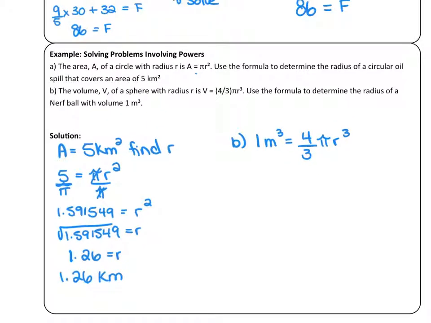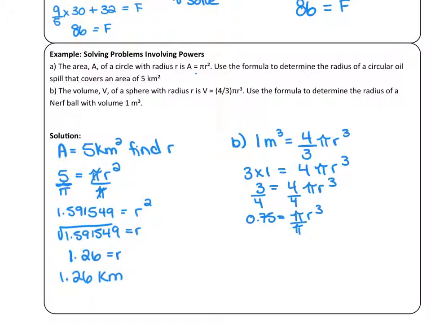I'm going to move it over so it becomes 3 times 1 equals 4 pi r cubed. So 3 equals 4 pi r cubed. Then I'm going to get rid of the 4 by dividing. This is 0.75 equals pi r cubed. I'm going to then get rid of the pi.